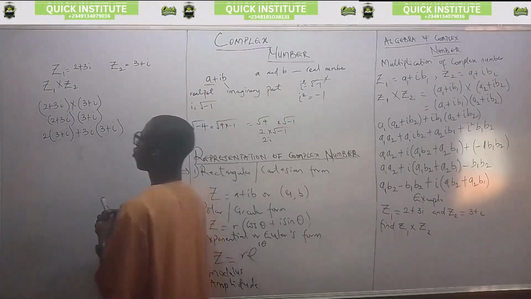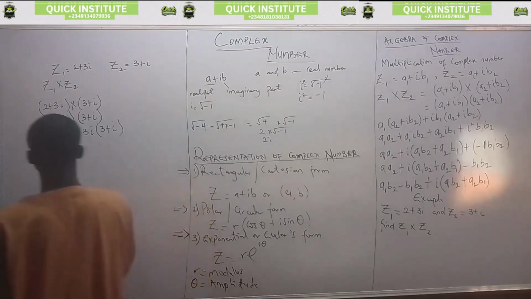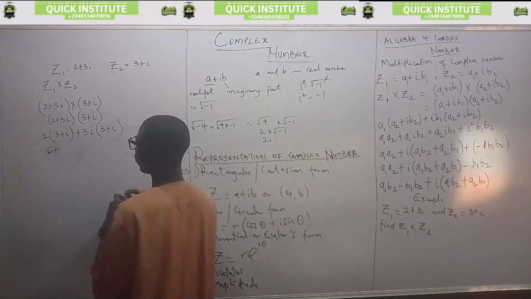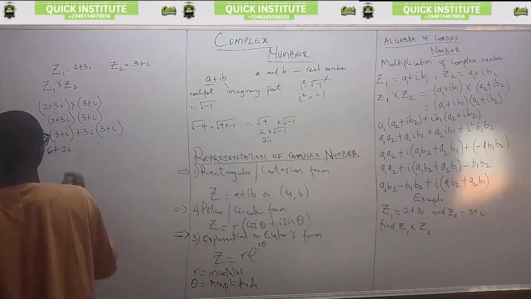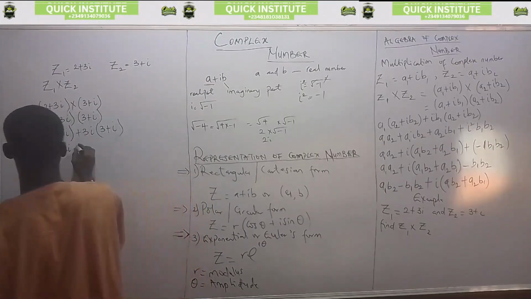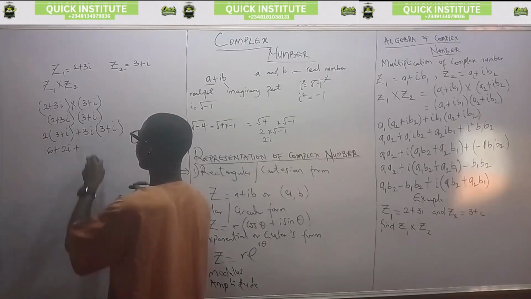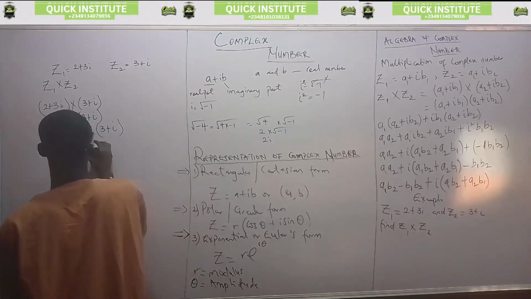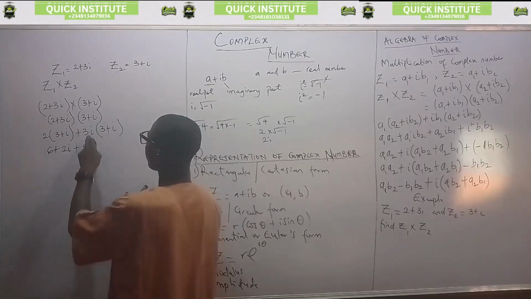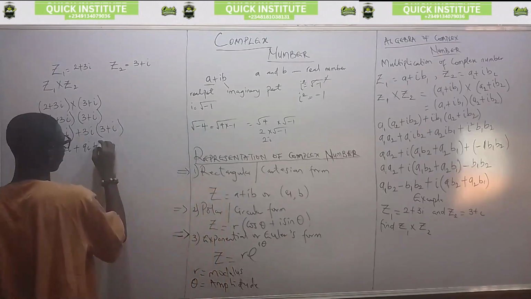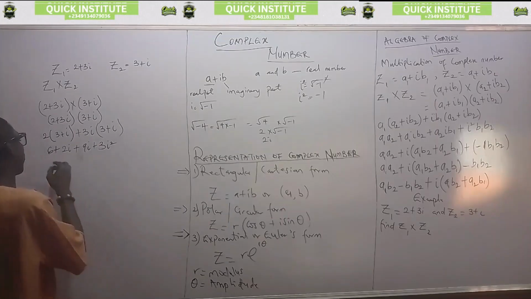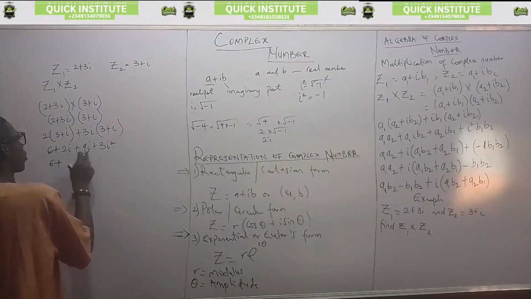So now, 2 multiplied by 3 is 6, plus 2 multiplied by i is 2i, plus 3i multiplied by 3 is 9i, plus 3i multiplied by i is 3i squared. From here, you have 6, plus 2 plus 9 is 11, you have 11i.